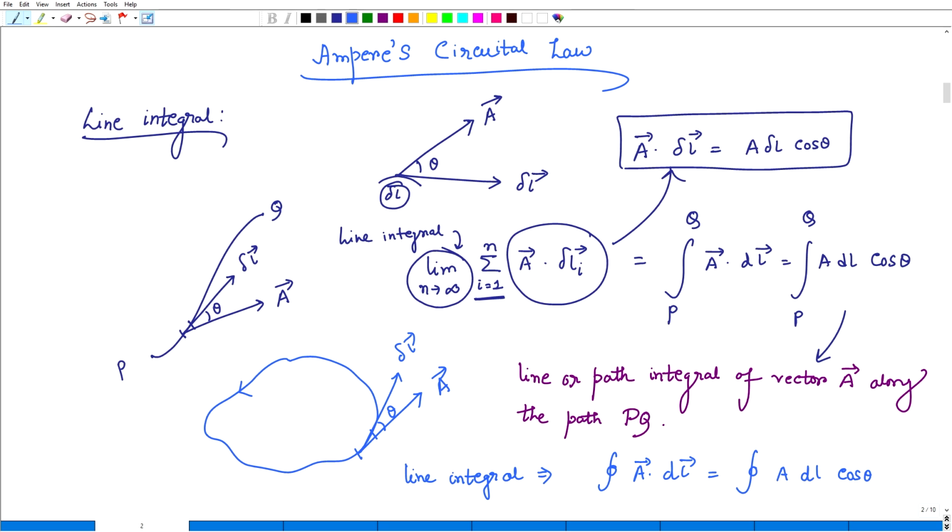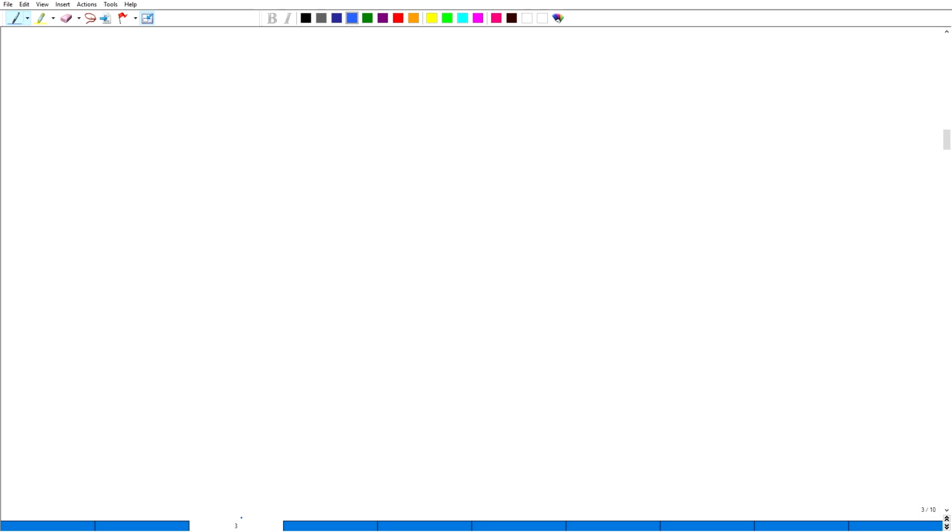Okay. So now we will see some example. A very important example is that the line integral or path integral of force vector F is essentially the work done.